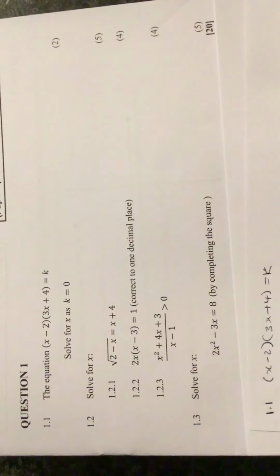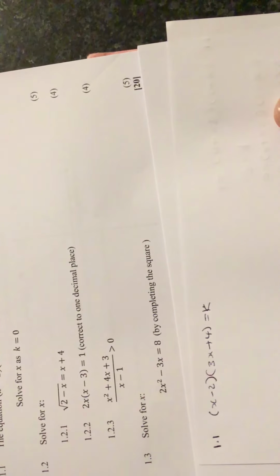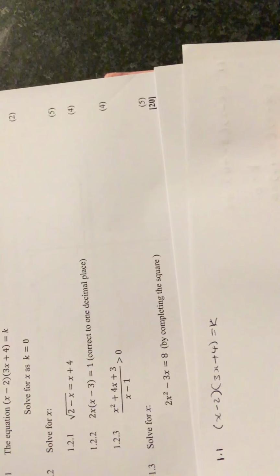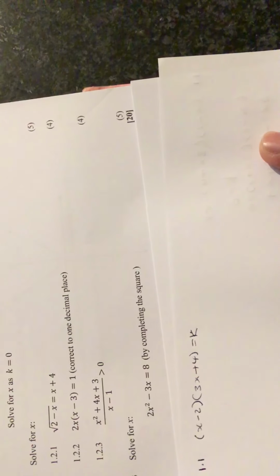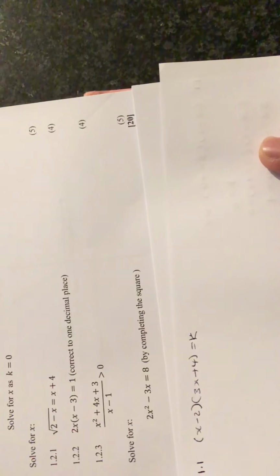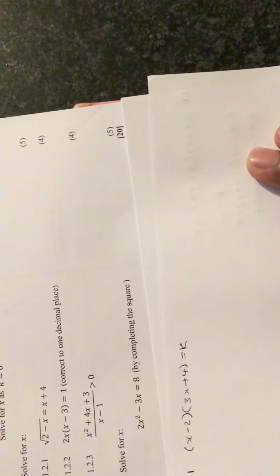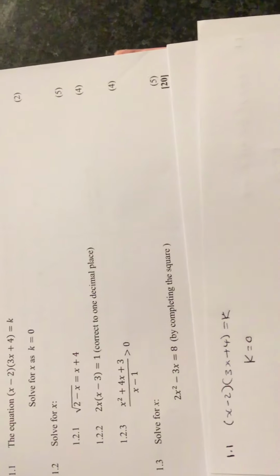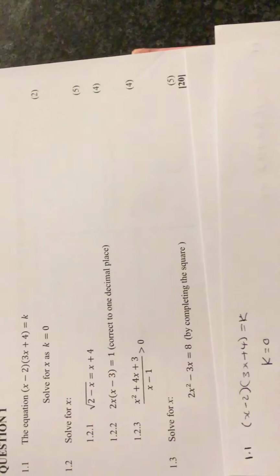So they say the equation is this, which is (x minus 2)(3x plus 4) equals k. But you are told that k is equal to 0. And so we substitute k to be 0.